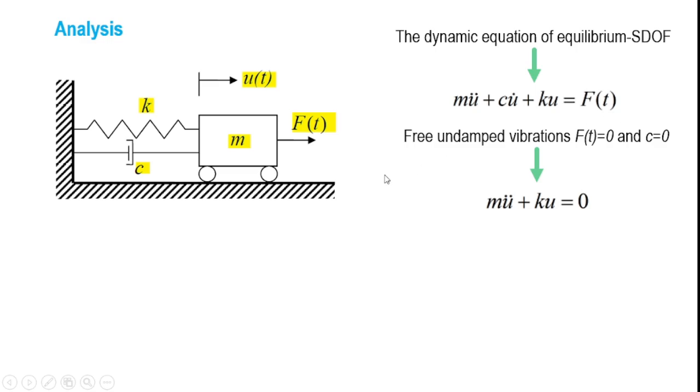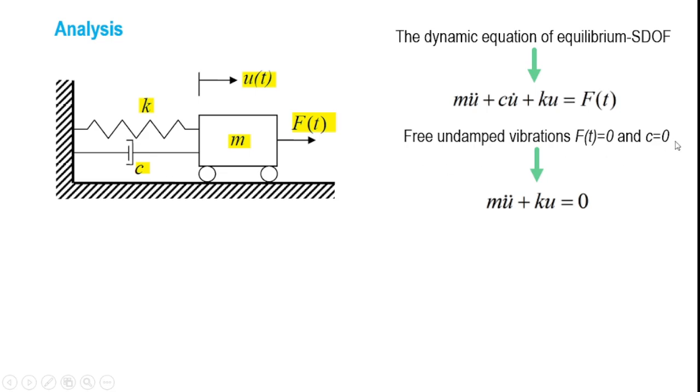Obviously, this is the general equation of dynamic equilibrium, and for a case of a free undamped vibration, we don't have any exciting force. Accordingly, F(t) equals 0, and we are talking about an undamped vibration wherein there is no damper element, that is, the value of c will be set equal to 0.